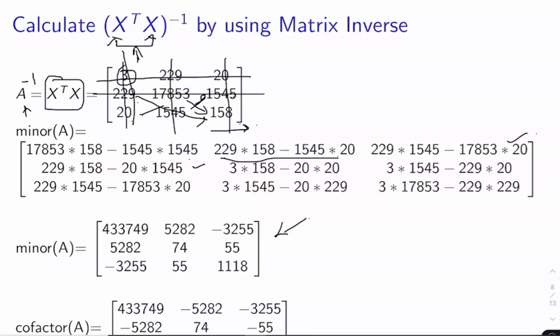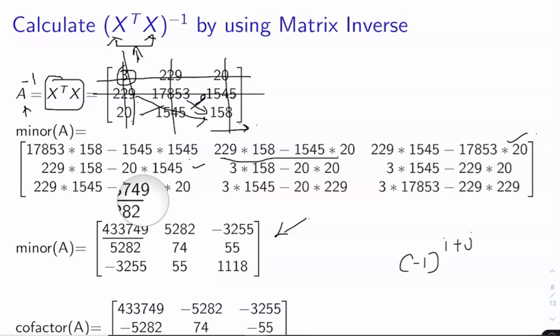After finding the minor of each element, you need to find the cofactor of all the elements. The cofactor is nothing but minus 1 to the power of i plus j, where i is the row position and j is the column position. Suppose I want to find the cofactor of this element.